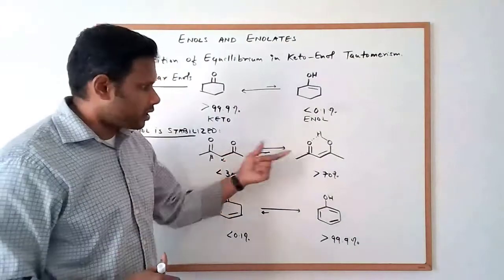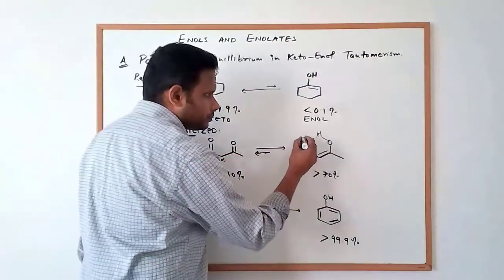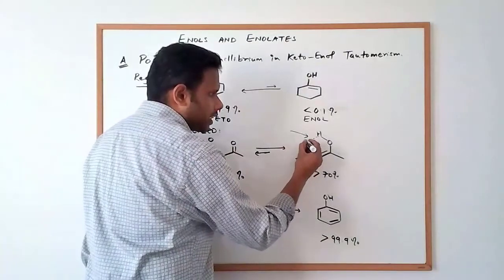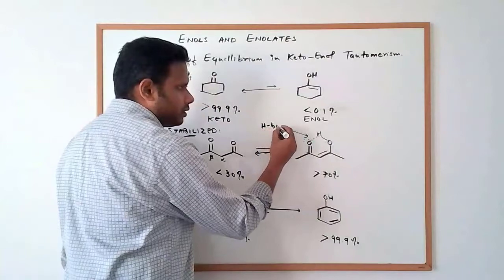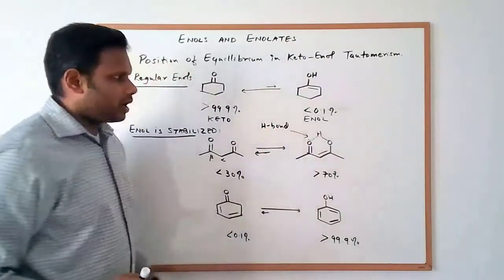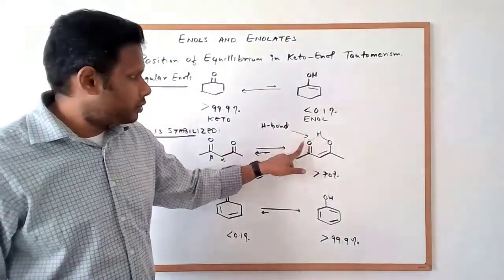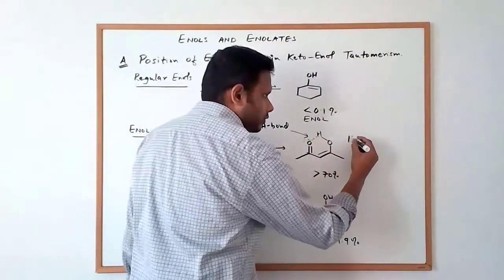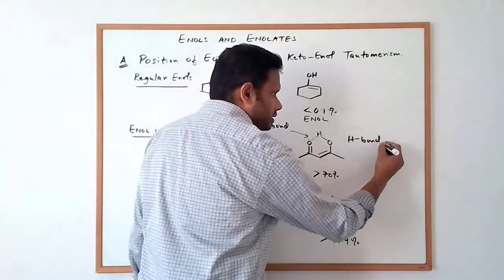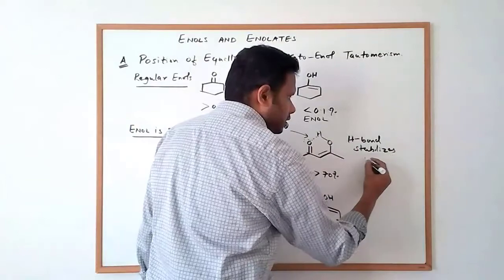For this particular enol, there is a hydrogen bond possible between that enol hydrogen and the other keto group. And this hydrogen bonding stabilizes the enol form.